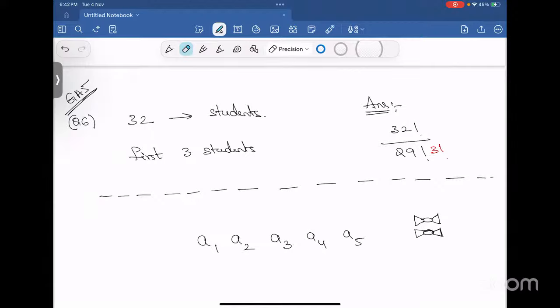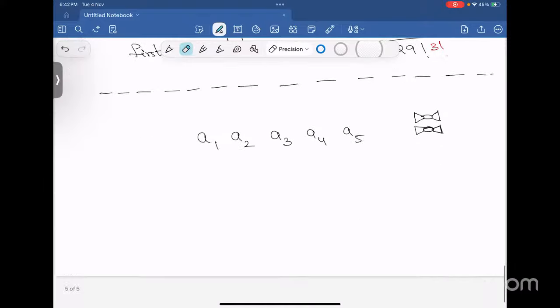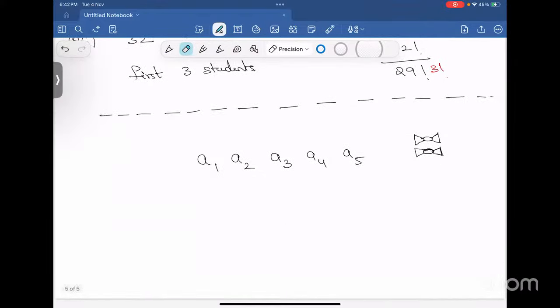Sir, but in week 5, we were not taught about combination. So we were only thinking permutation. I know. That is fine. But even before understanding the combination part, you have the concept of alike things, right?